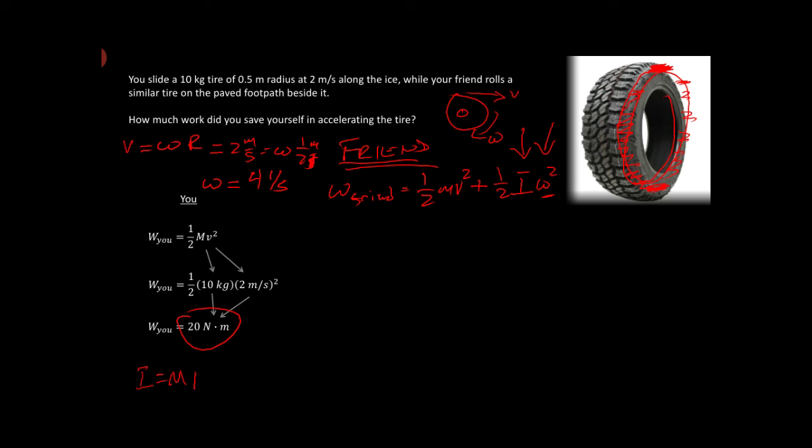That's going to be just mr squared for our approximation, and somewhat less for our perfect description. Mr squared is your mass, which is 10 kilograms, times your radius, 1/2 a meter, squared, so that's going to be equal to 2.5 kilograms meters squared.